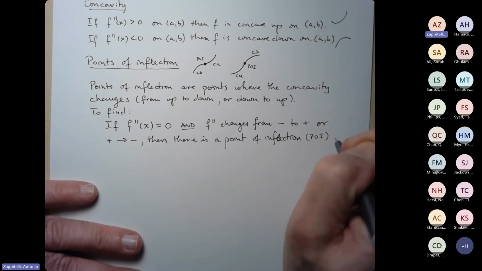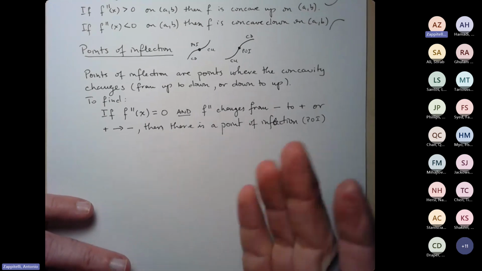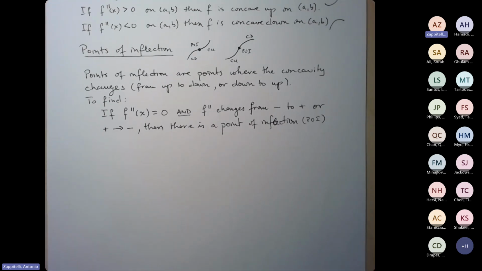Which often we call POI. Sometimes we use POI for point of intersection. Here we're using it for point of inflection, but it should always be clear which one we're talking about.